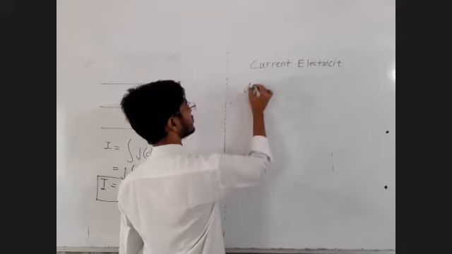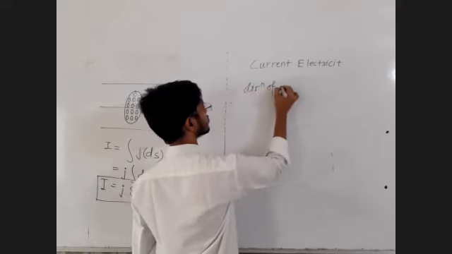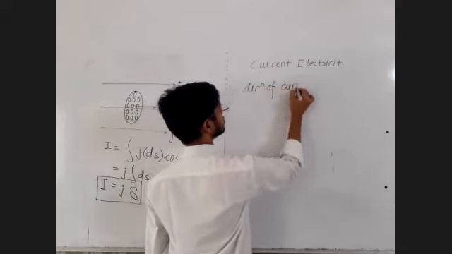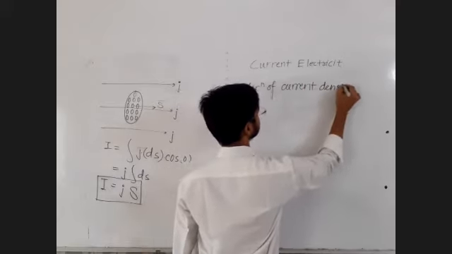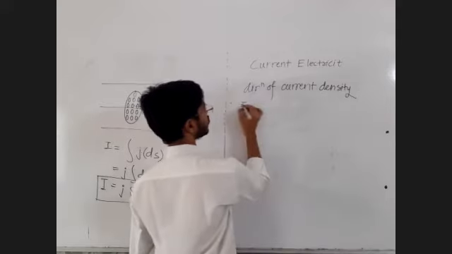Direction of current density is equal to direction of current.